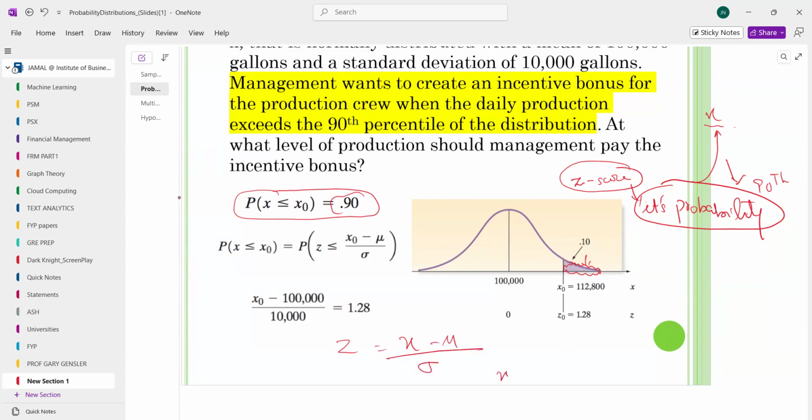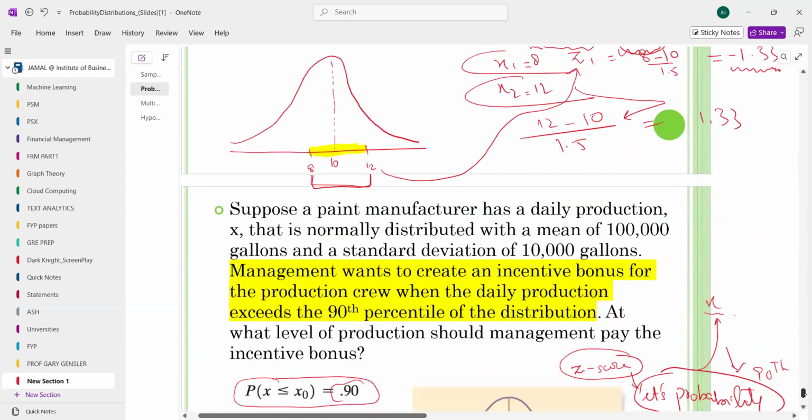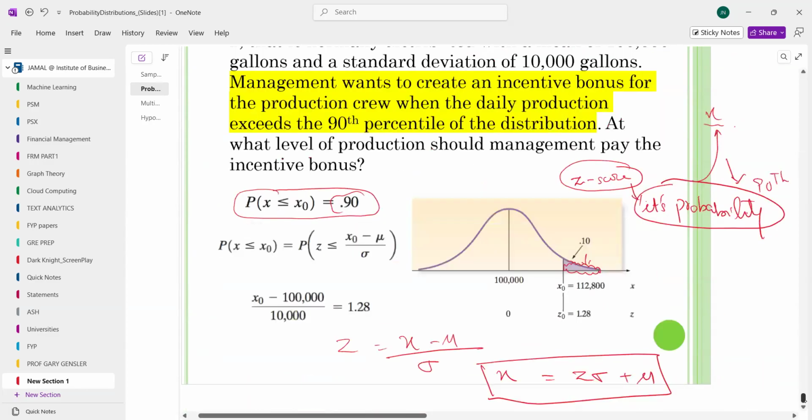Since you are trying to find x, you just rearrange the equation, and you just need to plug in the values. How would you get the z-score in this case?